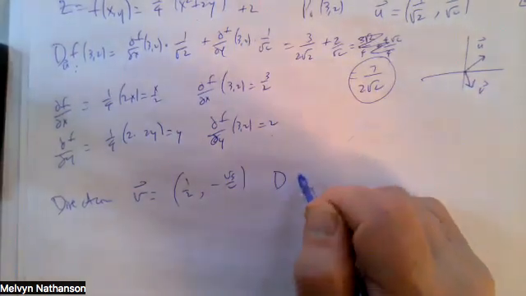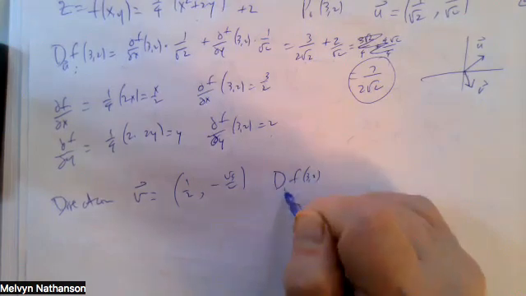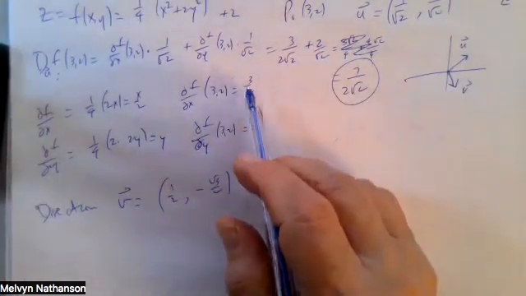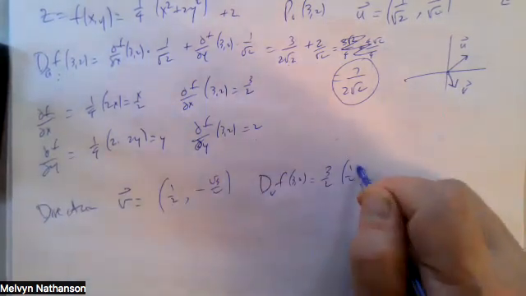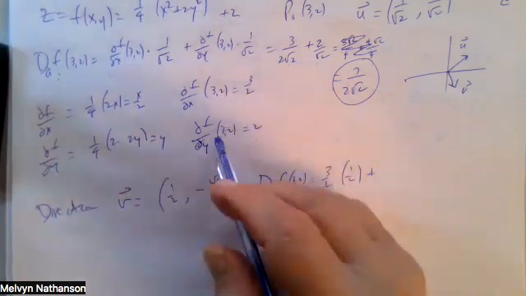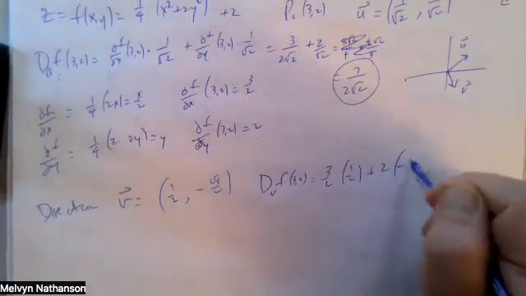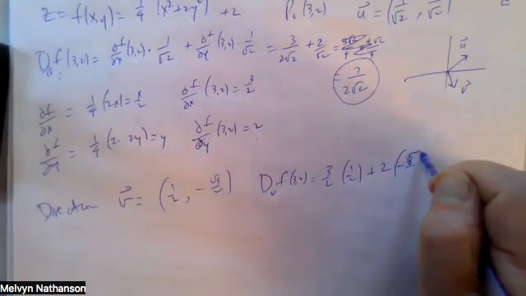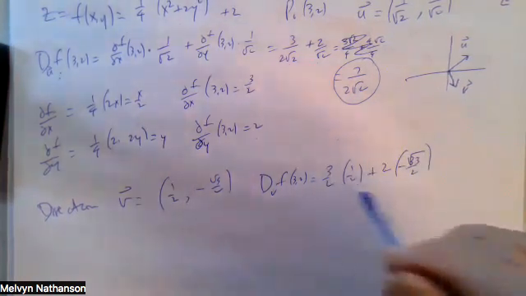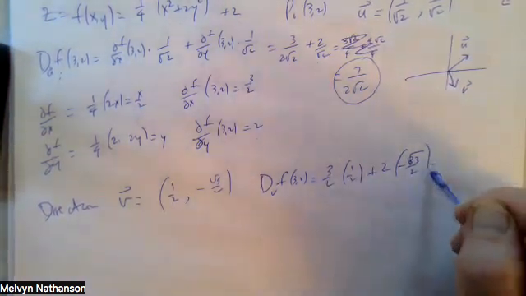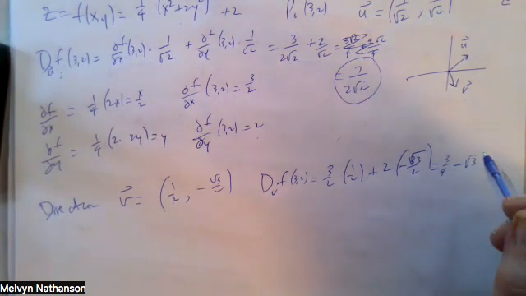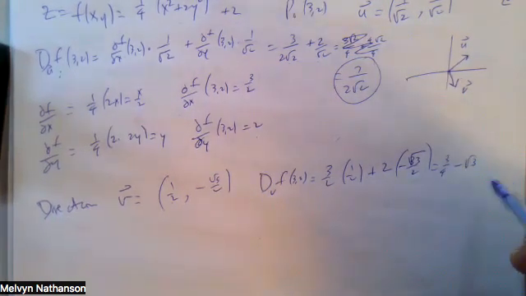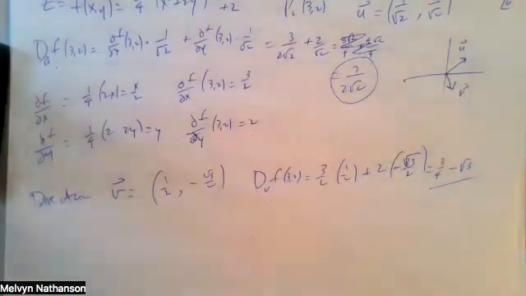The directional derivative of f at the point 3, 2 in the direction of v will be the partial of f with respect to x times the first coordinate of v plus the partial of f with respect to y times the second coordinate of the direction v. So this is 3/4 minus root 3, whatever number that turns out to be.